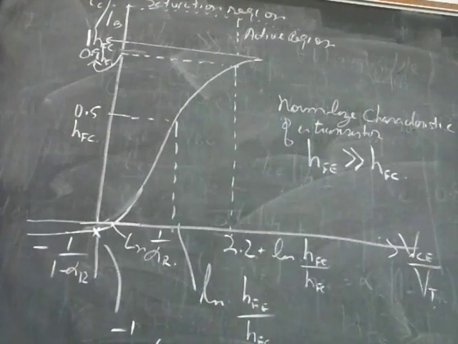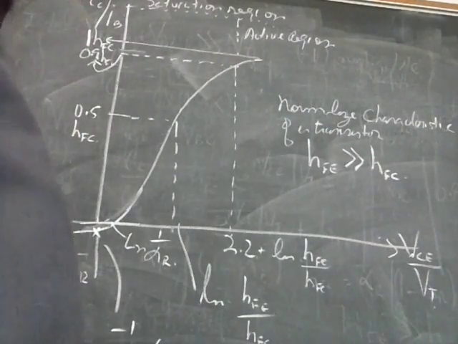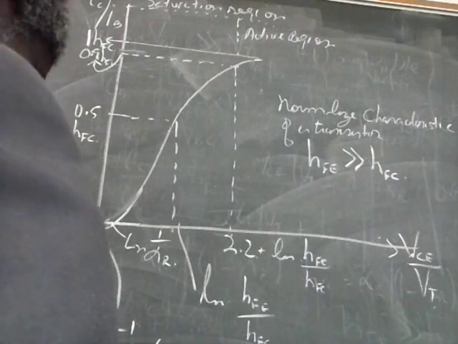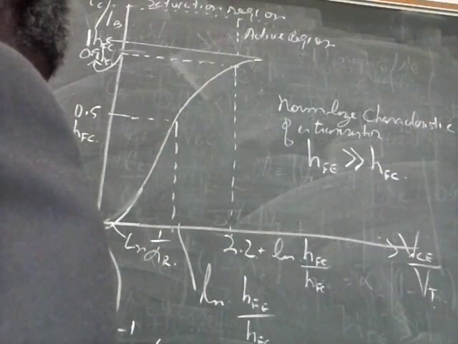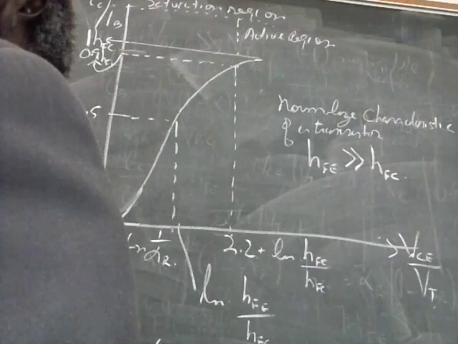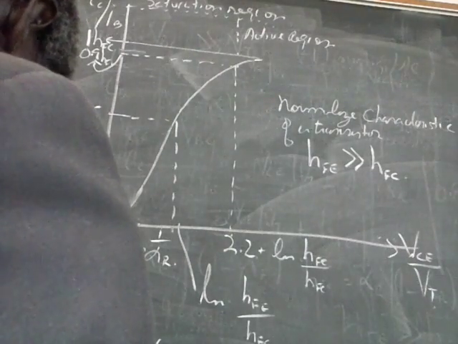We plug that into the relation, with HFE equals 100 and HFC equals 0.01. Then we see that VCE is equal to 285 millivolts.